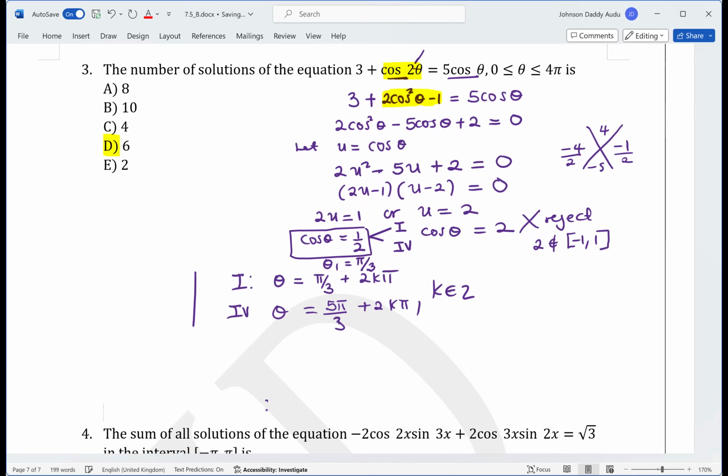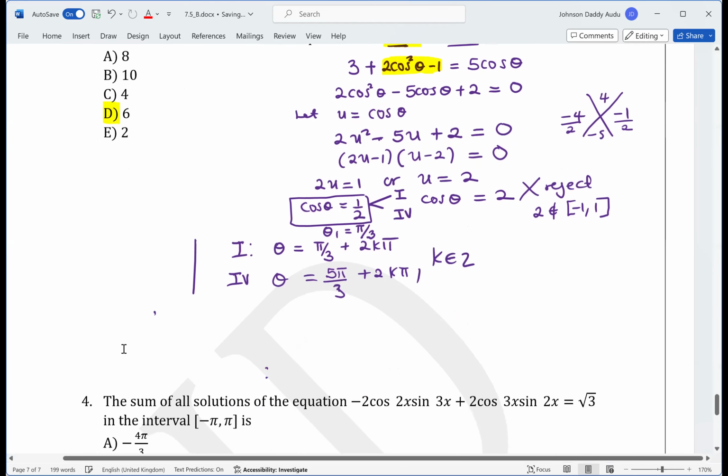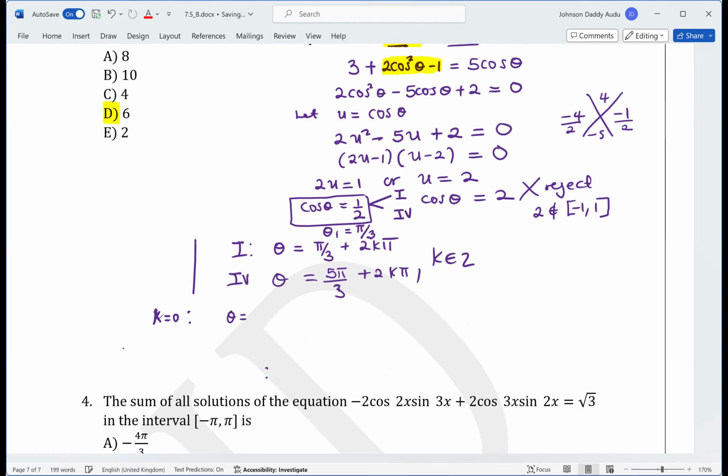Okay, so if we start with k equals 0, it means we will have theta to be pi over 3 and 5 pi over 3.